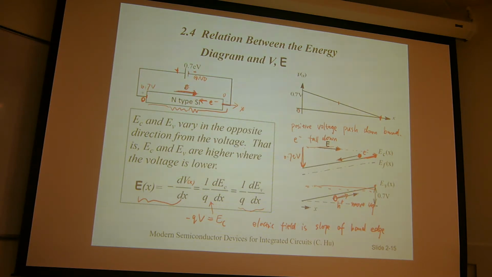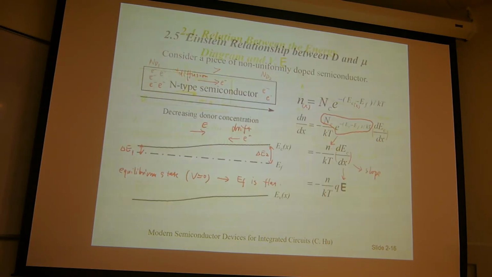We have another example here with non-uniform doping, and this is without external voltage bias. That means this is in the equilibrium state. We call it the equilibrium state when you don't have the external voltage.